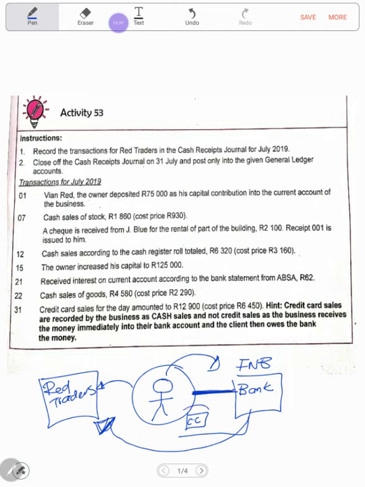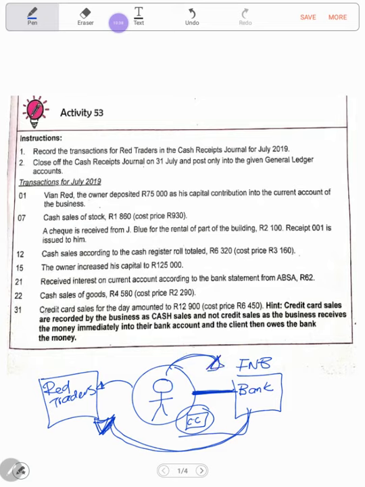If the customer uses the credit card to purchase any items from any shop, the bank will definitely pay the money directly into the business's account. However, who is the customer indebted to? Who does the customer have to pay the money back to? The bank.